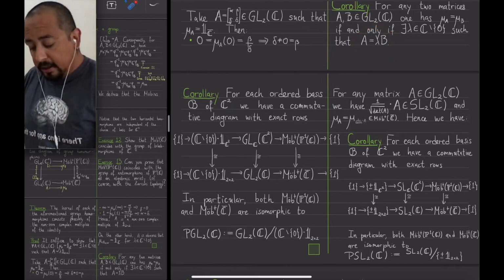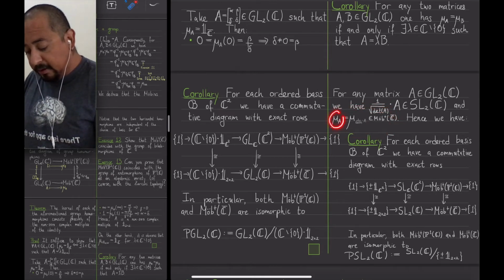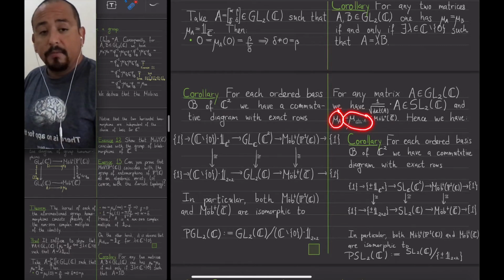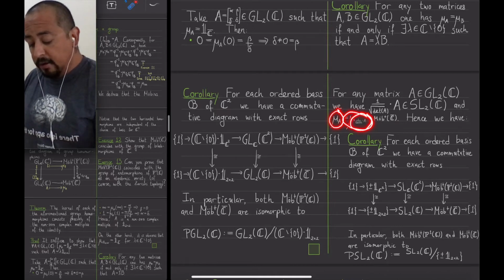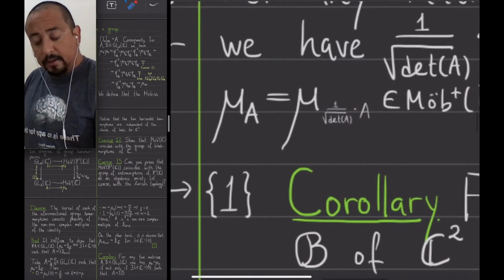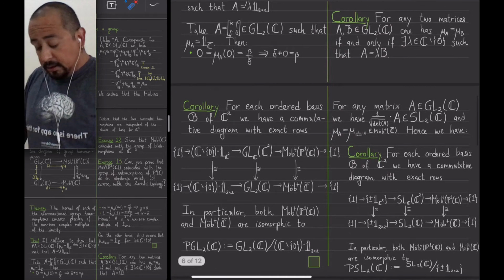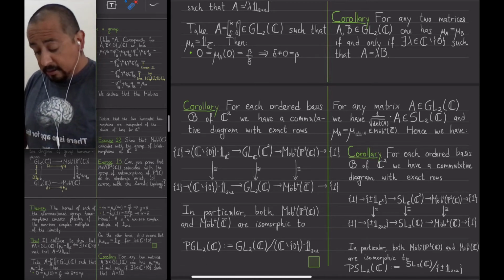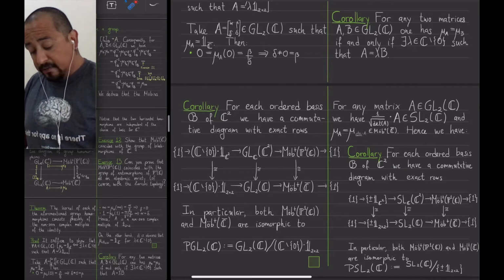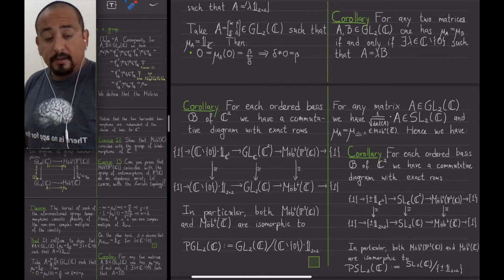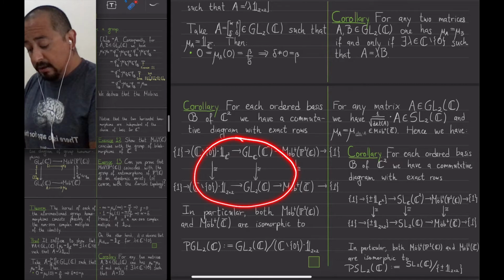Anyway, it is possible to present any Möbius transformation as the Möbius transformation associated to a matrix of determinant 1. So let me go onto the SL version of this GL diagram.